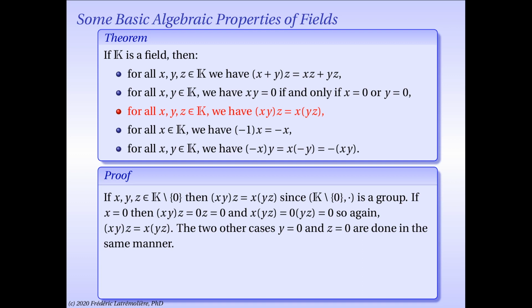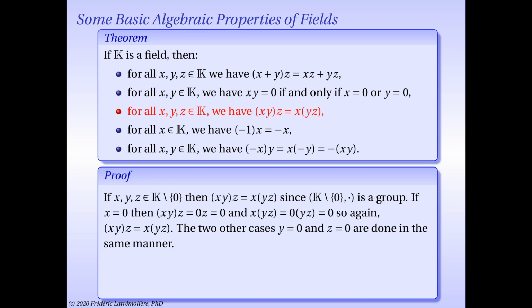But I didn't say anything about what happens if you multiply 3 elements and one of them at least is 0. Is the multiplication actually associative on all of K? Well, let's prove that indeed it is. So if I take 3 elements in my field that are non-zero, then since I'm assuming that the set K without 0 together with the multiplication is a group, associativity applies.